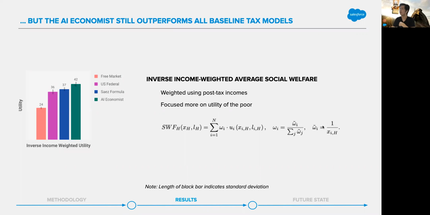Because the weights are inverse income. And it turns out that under this objective, this model also does really well. You can see better performance for the AI economist compared to all the other baselines. In particular, you can see that the variance under this metric is lower because it weights the incomes in a different way. And this is another proof point for us to verify that we're doing something right with the AI economist.